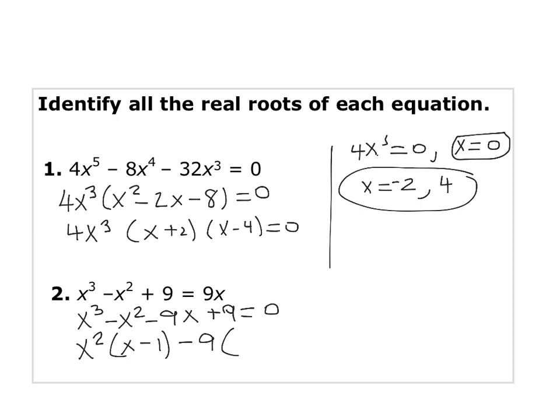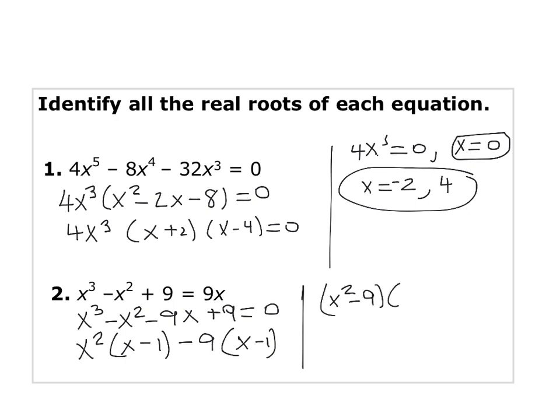So this is going to be, so what am I going to get? So this is going to be x. So that's going to be x minus 1. So what do I get? Again, x squared minus 9.